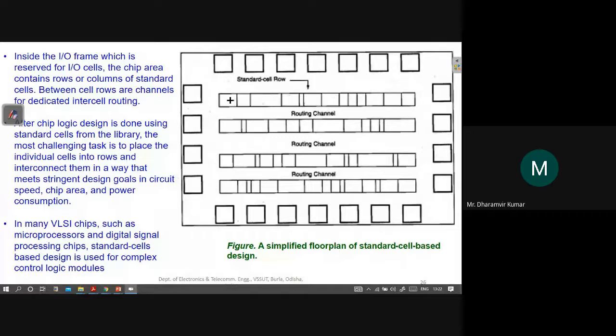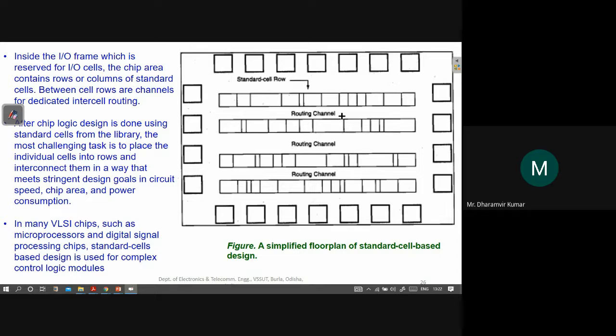These are the rows where the standard cells would be taken from the library and placed. You will place the components in these rows, and the spaces between these rows are available for routing, known as routing channels. The space would be used for the wire connections between different standard cells.